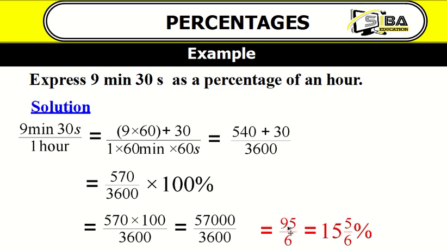Now by dividing 95 by 6, you will have 15 whole number, 5 out of 6%. Remember, the most important thing is for us to convert everything to the same unit before we can solve it. So it's very, very important. And so that is the answer. Therefore, 9 minutes 30 seconds as a percentage of an hour is 15 whole number, 5 out of 6%.